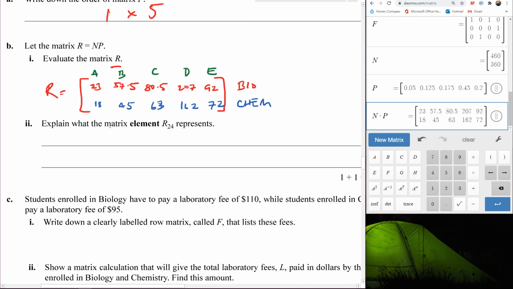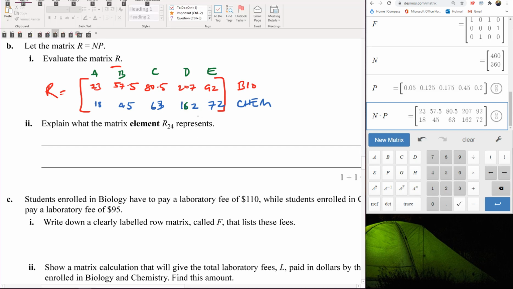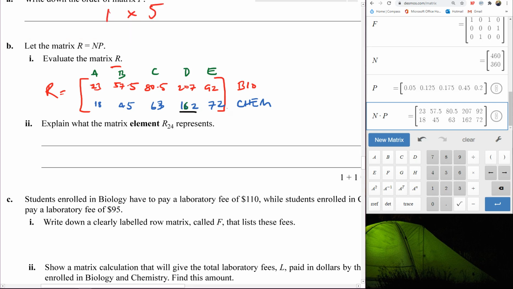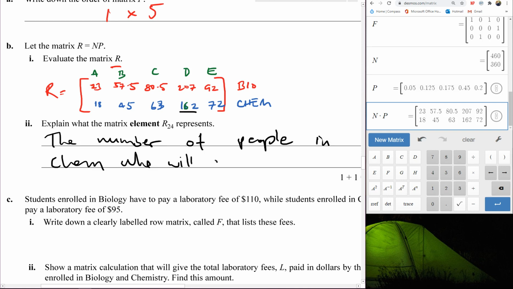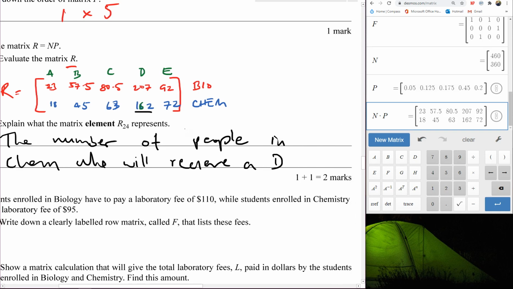So in this case, what does this element, R24, represent? Row 2, which is the bottom row, column 4, which is this column here. Well, it represents the number of people in chem who will receive a D. And you can write the number as well, it's 162.